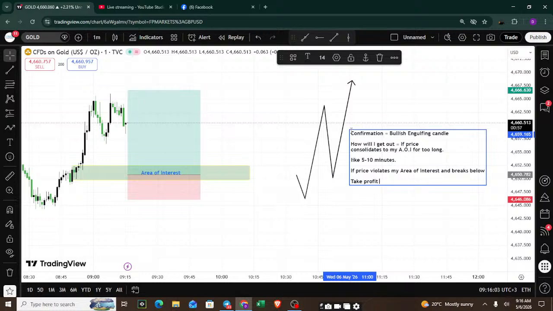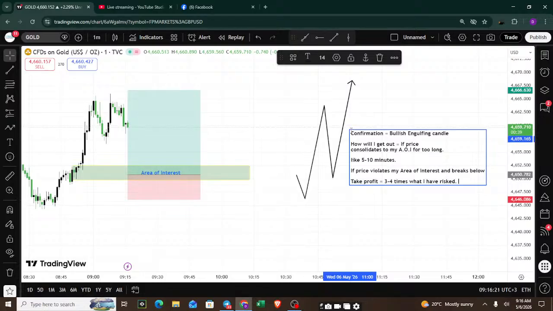is equal to 3 or 4 times what I have risked. So these are the rules we are going to follow for this system, and these are the rules we are going to be following each and every day.